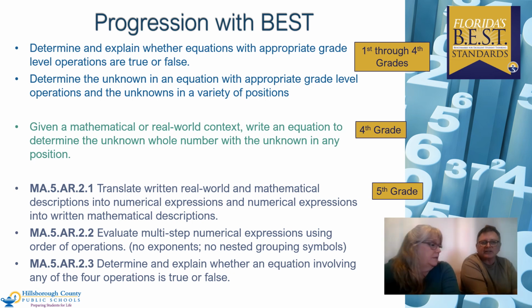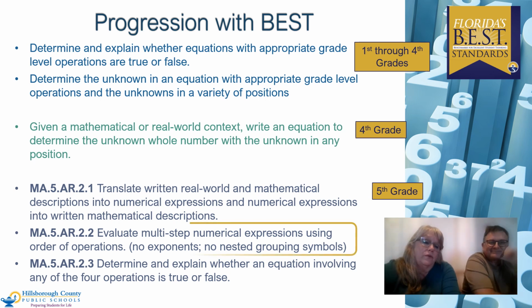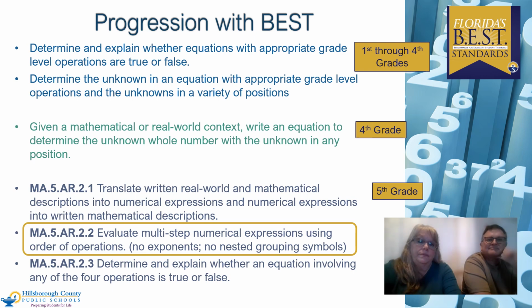So before they get to that whole idea of evaluating expressions, thinking about order of operations, there's been a lot of work done with the equations and variables and unknowns in any position. In fourth grade, they did write some equations that matched context. Yeah, the notation is there as well. You'll see all three benchmarks that this unit focuses on, but for our Dive in 5, we're going to be focusing on the order of operations, which is part of AR22.